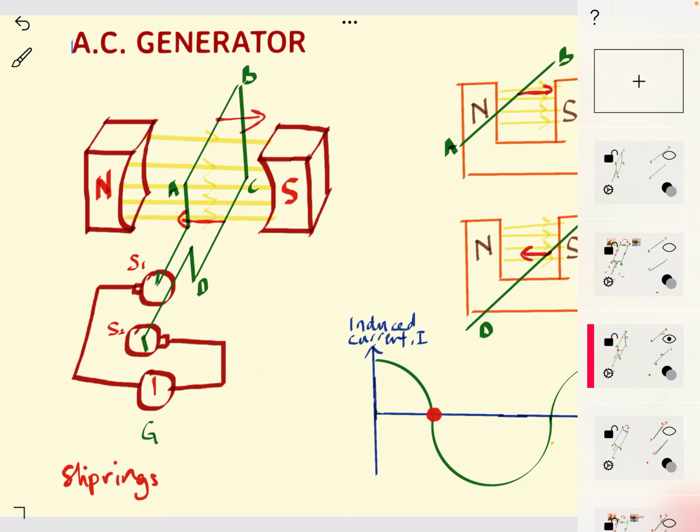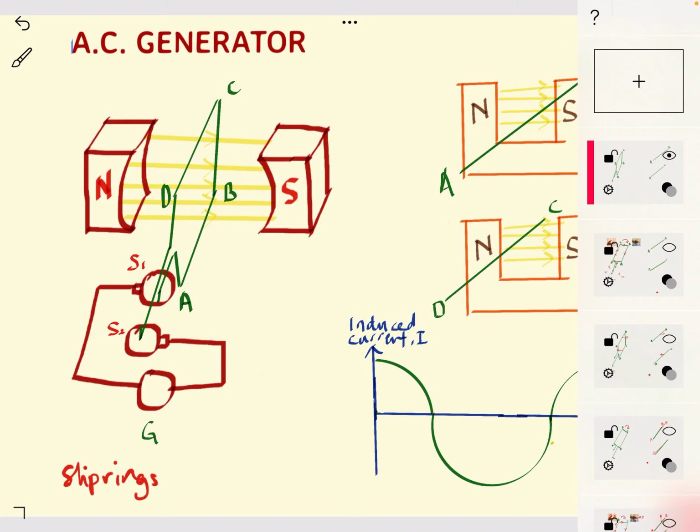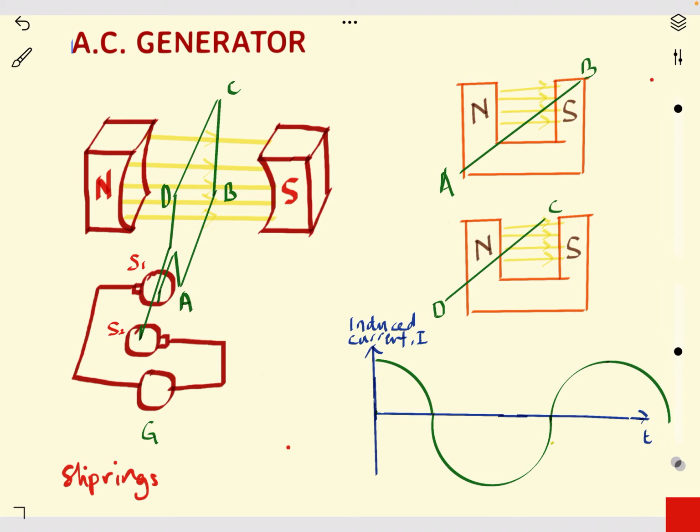Now we go on to the next one. What happens in this case? You can see it is still vertical. The difference is how the current flows. However, in this case there's no current flow anymore, as I told you, because CD is moving parallel to the magnetic field. It doesn't cut the magnetic field.